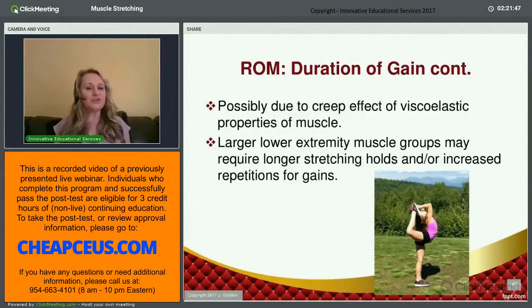When developing our home exercise programs, think about what level of activity your patient is going back to, and you might be able to use an active or a dynamic stretch that is also working on strength, balance, and control, maximizing the benefit of your time with your range of motion gains and your return to function for those patients. Or, think about the position the patient needs to be in.